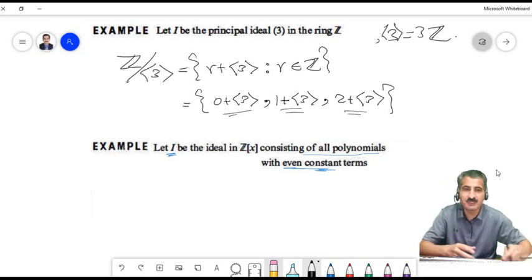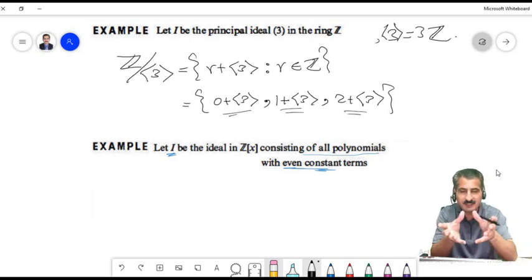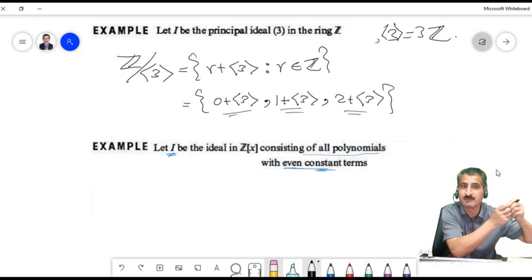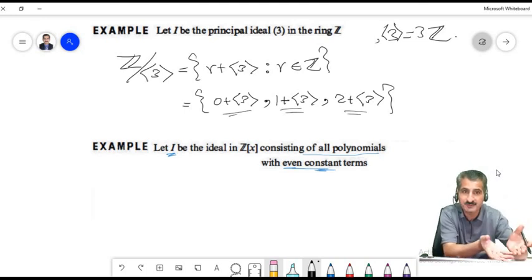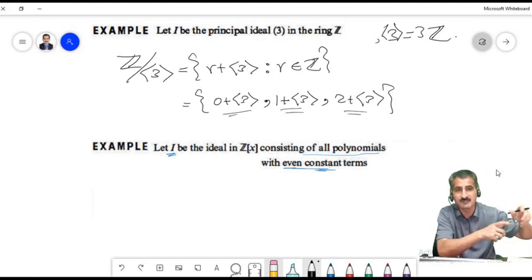Now, to make a coset, you saw that we have I. Then what I did, I chose an element from outside I and then computed the coset. Correct? How do I compute the coset of that element from outside I? I will see all elements that are congruent to it.